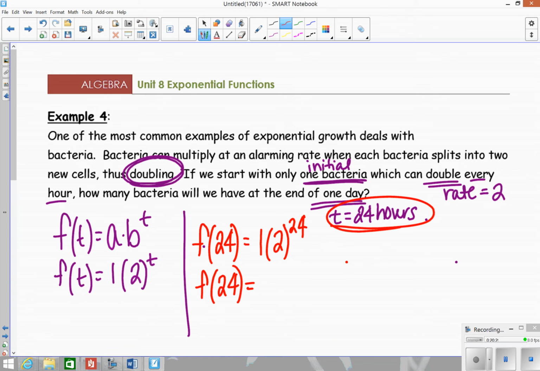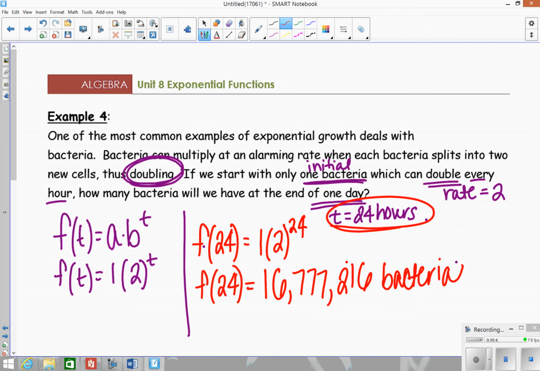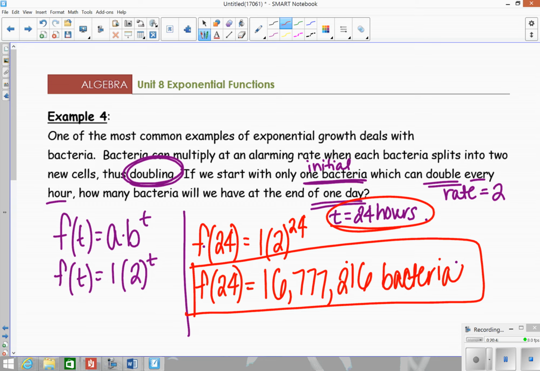So for this one, we get 16,777,216 bacteria. Again, we're rounding down for any decimals. So in this case, it should just come out to be 16,777,216 bacteria. A lot of bacteria in 1 day. Now, this is more of a realistic problem. This is a true situation.